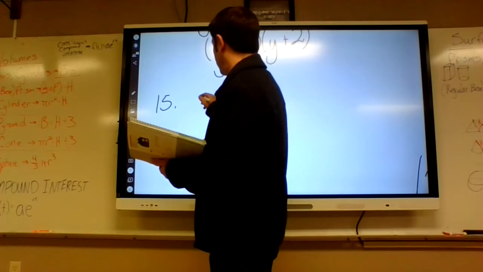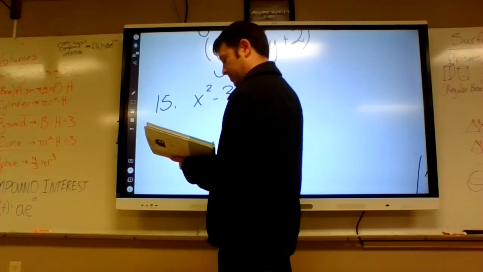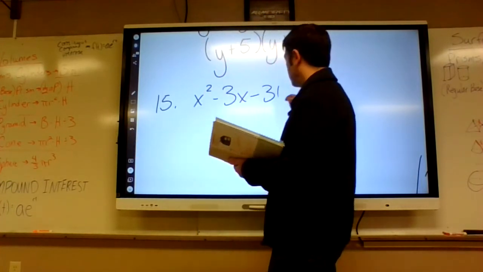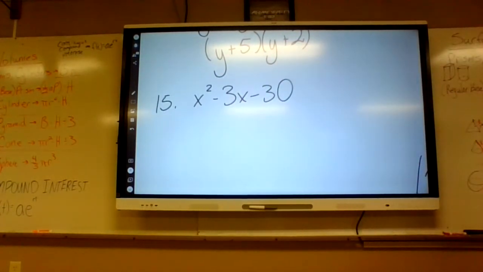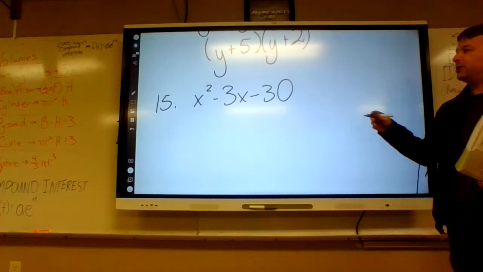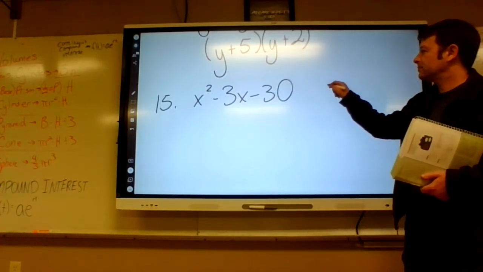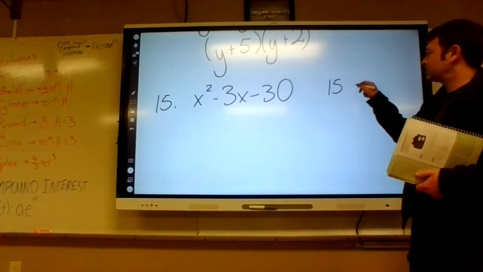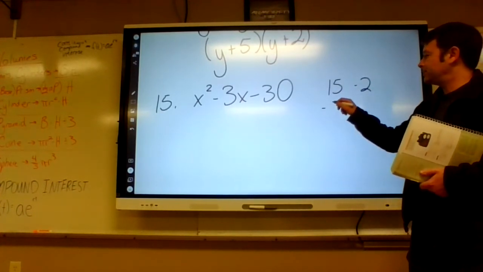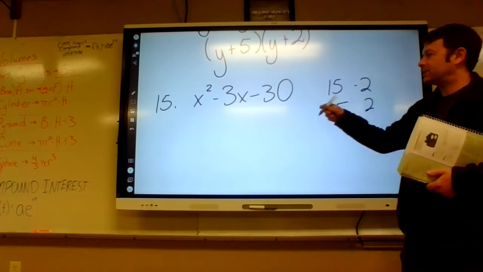x squared minus 3x minus 30. A lot of things go into 30, so let's make a list. What can go into 30? 15 and 2. I'm going to say 15 and negative 2 and negative 15 and 2, because this is negative 30.